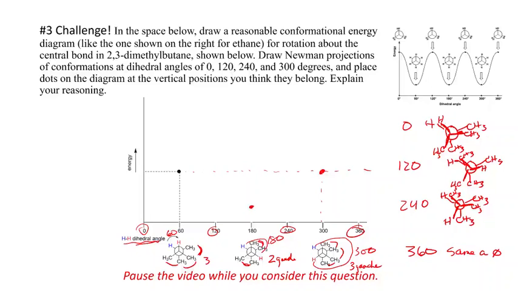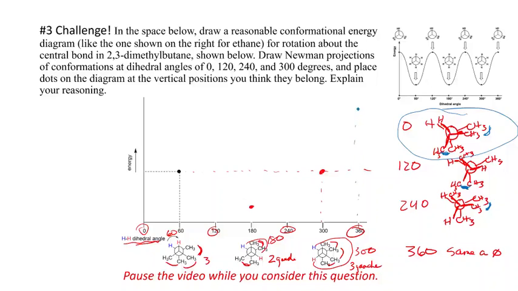All right. Now what about our eclipsed? At 0 degrees, we have 2 methyls eclipsed. This is very bad. At 120 degrees, we have one of these methyl-methyl eclipses. And at 240 degrees, we have the same sort of situation with just one methyl-methyl eclipse. So our high point on the diagram is this 0 degrees, and likewise 360, because it's the same.